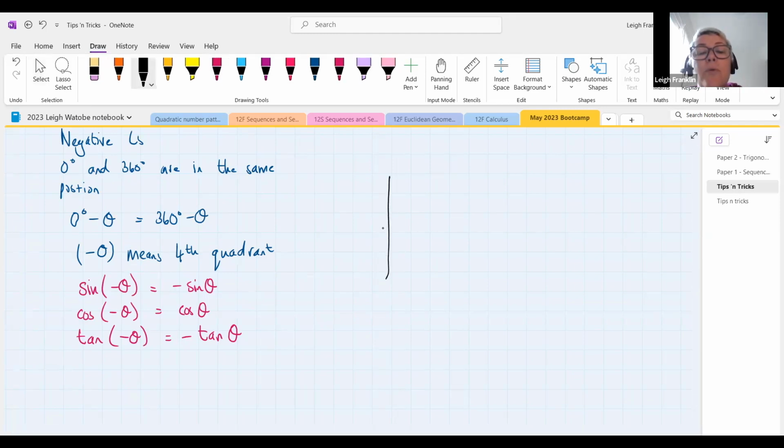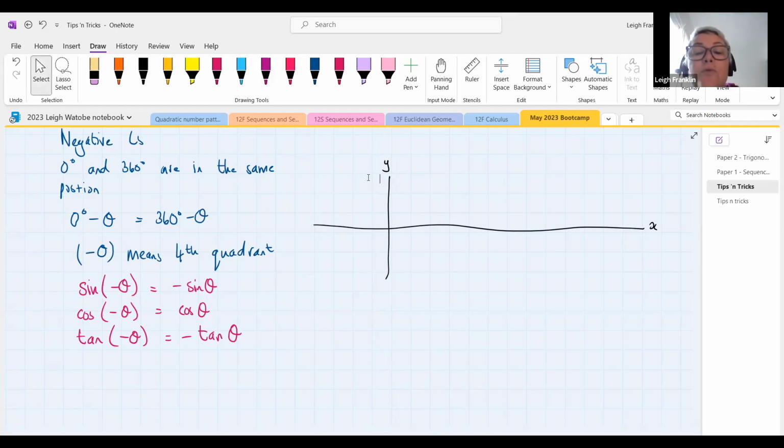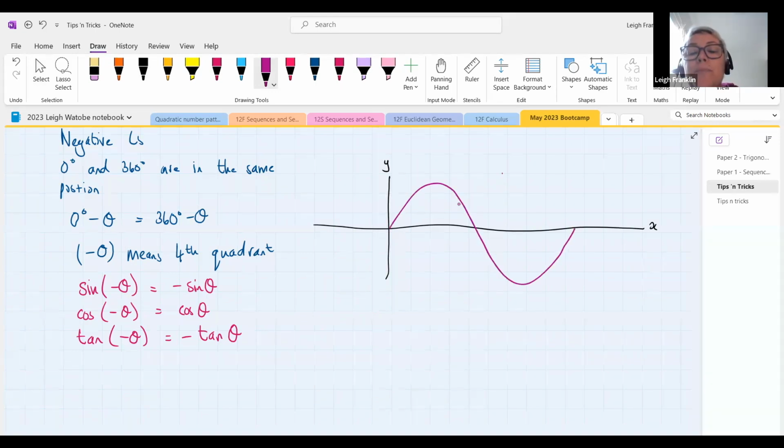Okay, so I'm drawing a set of axes, not very well. I've hurt my thumb today, so I'm not writing very nicely. I'm going to draw a sine graph. There you go. So our maximum would be at 90. We've got an x-intercept. We've got a minimum at 270.